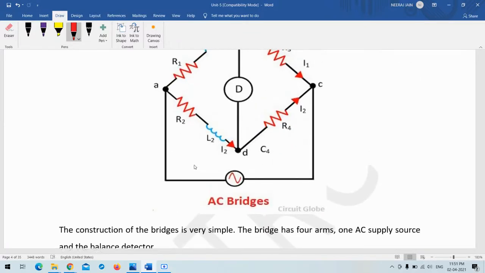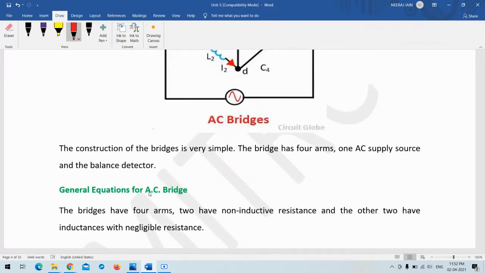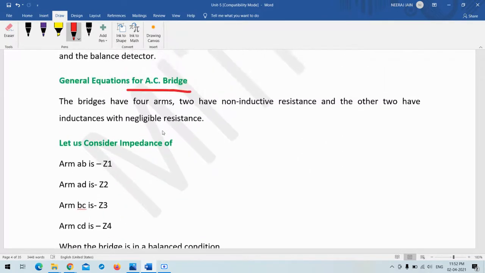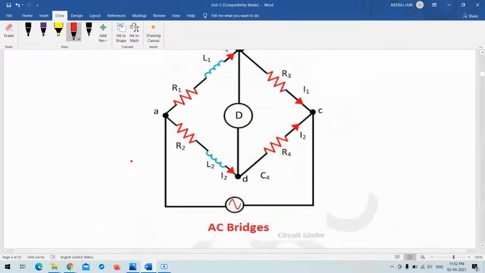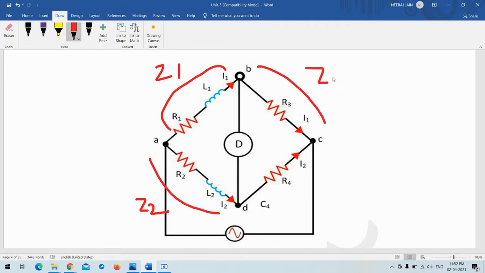In the AC bridge there are four arms, and we consider the general equation under balance condition. Let the impedance of arm AB be denoted by Z1, the impedance of arm AD by Z2, the impedance of arm BC by Z3, and the impedance of arm CD by Z4.